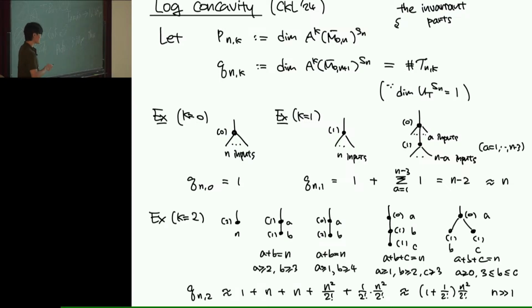I want to roughly show how we count the number of trees. We first fix a rooted tree without inputs, and also fix the weight function on that tree. Then we count the number of ways we can attach the inputs at each vertex so that the defining conditions are satisfied.